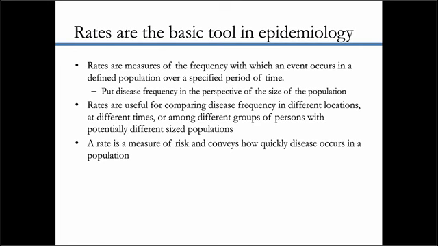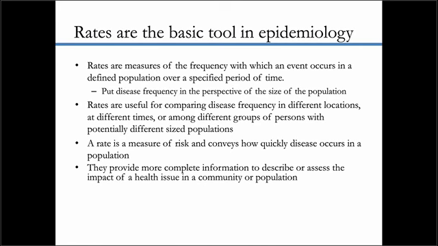And so they become important for us for examining health. Rates, as I've already mentioned, provide more complete information than other calculations do, and we should be using them to interpret things about the health of the population overall.